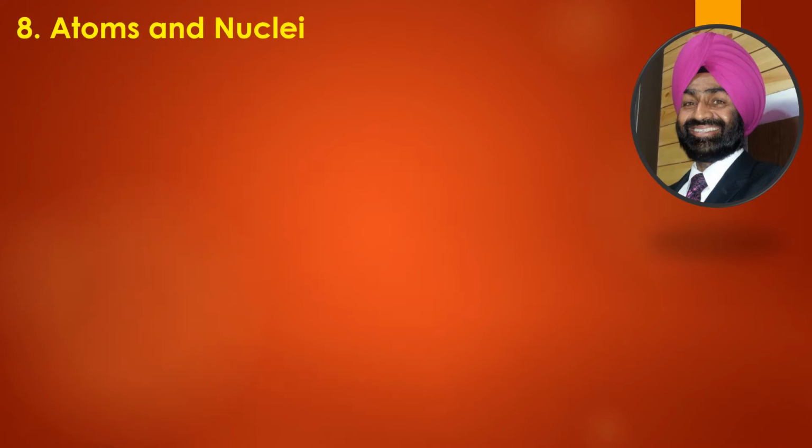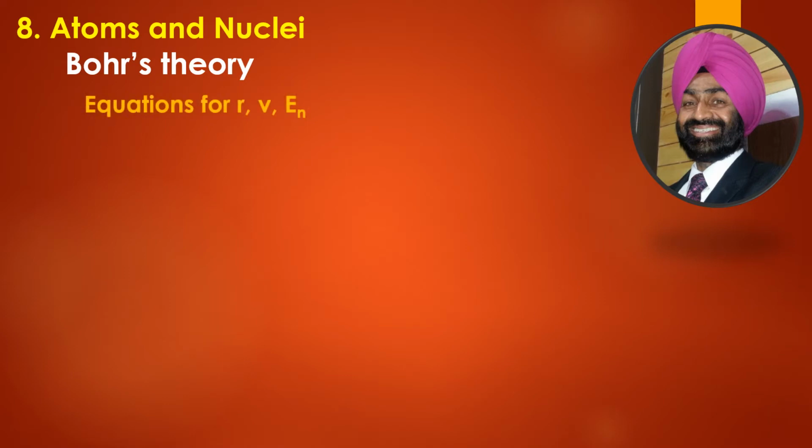So next topic is atoms and nuclei. In atoms, you have to just learn the same Bohr's theory as you have already gone through in chemistry also. So in Bohr's theory you must learn equations for radius, equation or derivation for velocity of the electron and energy of the electron in nth orbit.